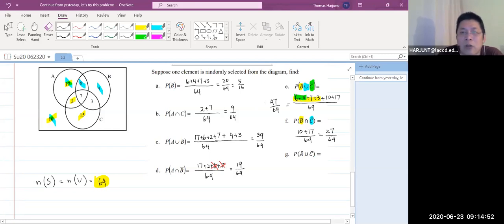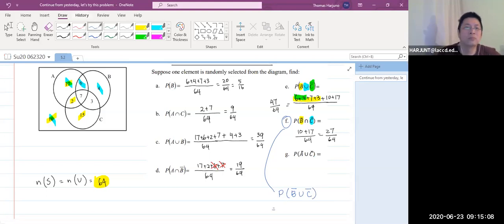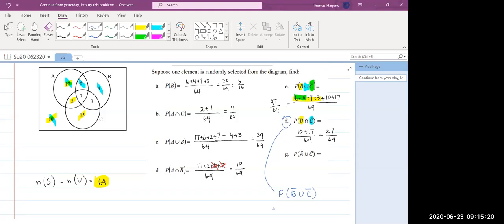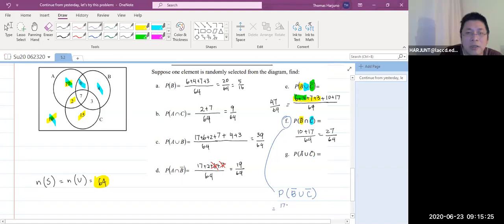Now, can you try a little follow-up? Suppose you need to answer this question, probability of not B or not C. Can you tell me what numbers I need to add? 17, 2, 7, 10, 17.